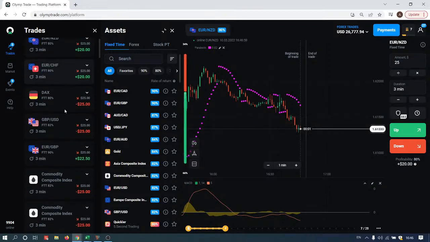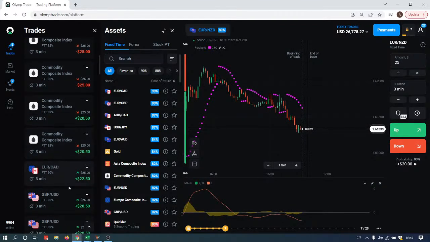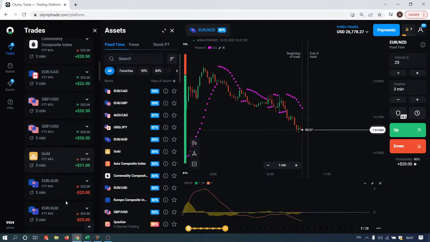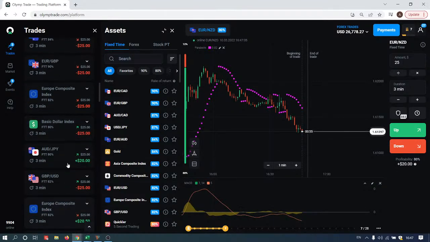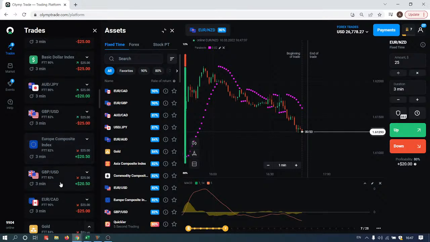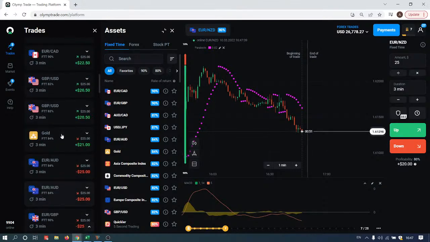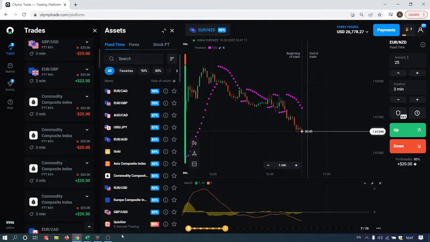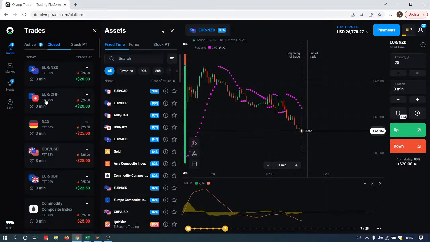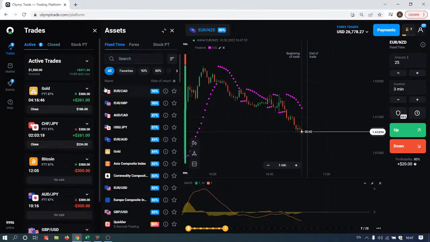So 1, 2, 3, 4, 5, 6, 7, 8, 9, 10, 11, 12. Okay, so I have a 50-50 ratio. I opened 24 trades, and half of them closed with a profit, half of them closed with a loss.